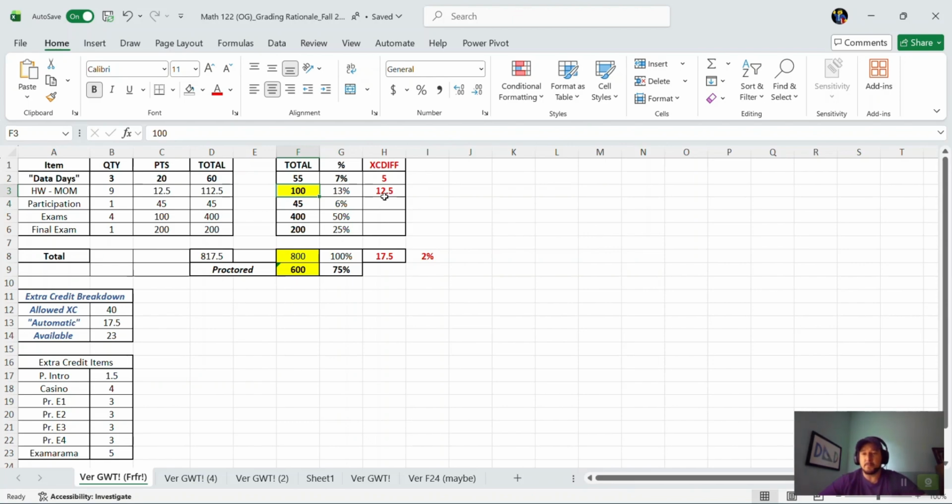As an added bonus, students could rack up 12.5 additional extra credit points from this. So this is going to be really helpful for the students and give them some peace of mind, knowing that if they just do the regular work for the course, they already have the potential to boost their grade up by 2% at the end of the semester by earning up to 17.5 extra credit points. That will also give you a firm set of guidelines for late homework.